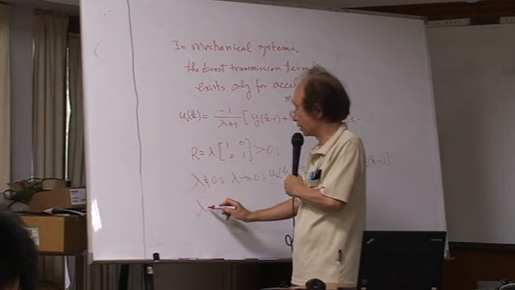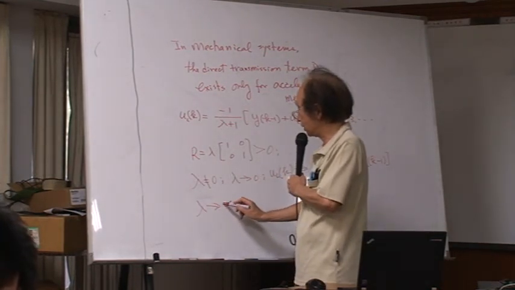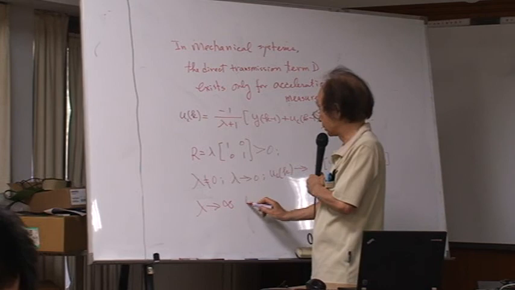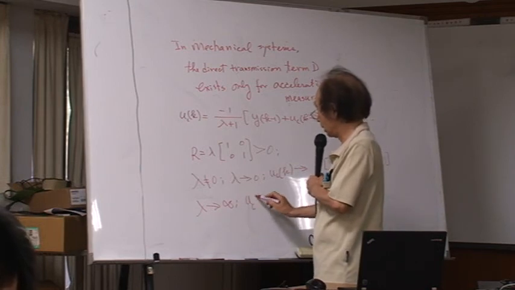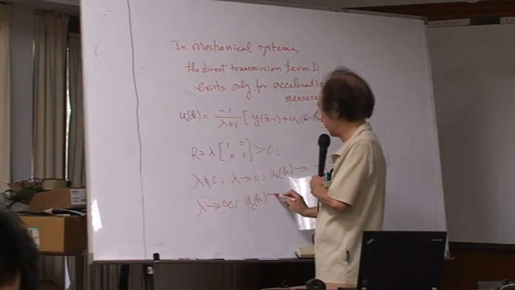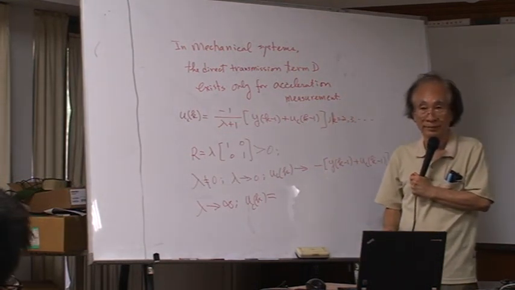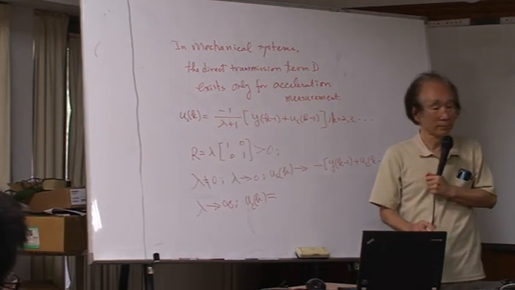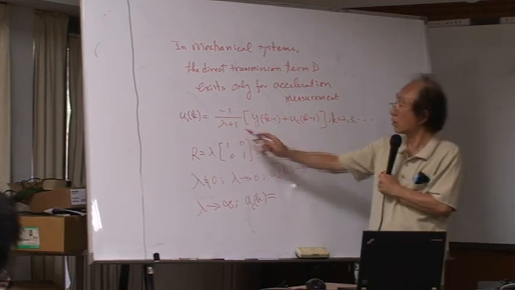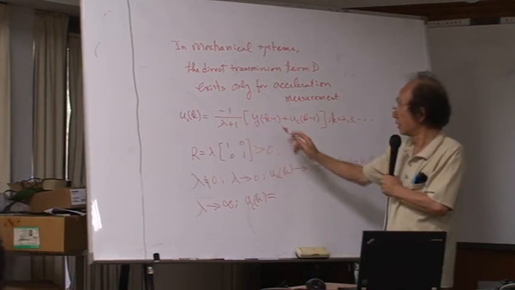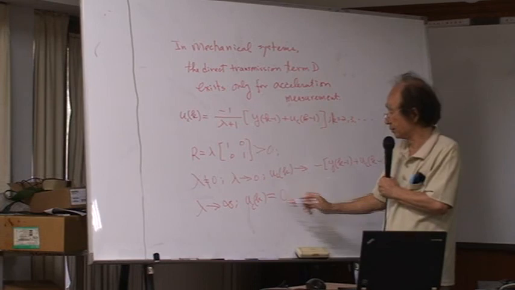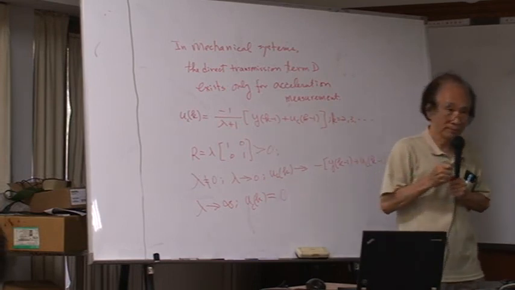Now, when lambda goes to infinity, what happens? What's UCK? If lambda goes to infinity, then UCK equals 0.